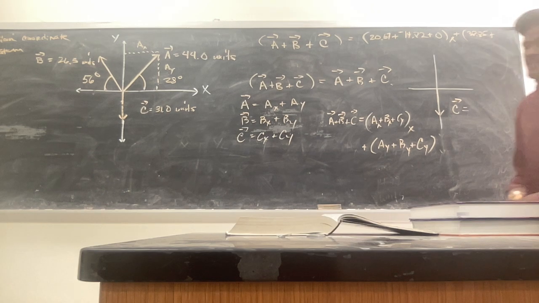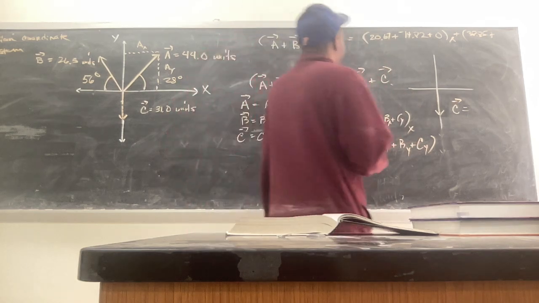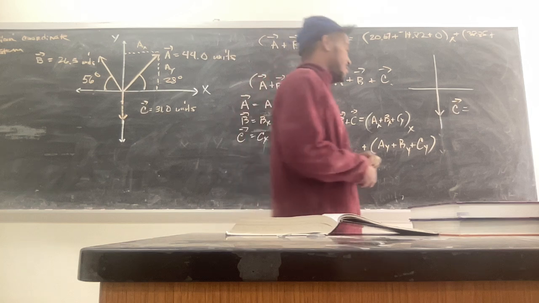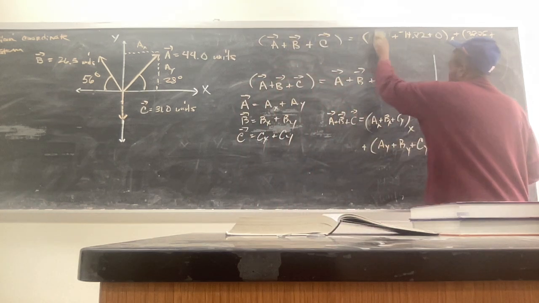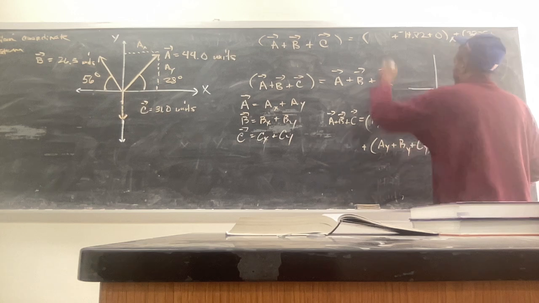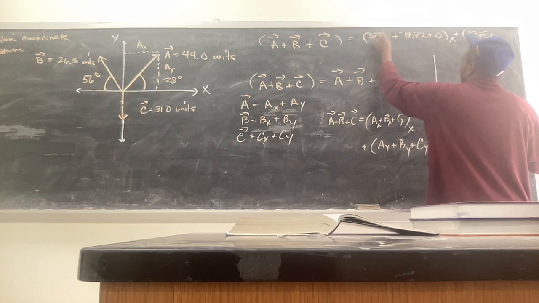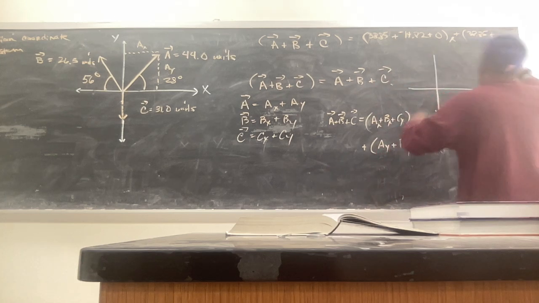So what is the Ax component? 38.85. And this one is 20.67? Yeah. Okay.